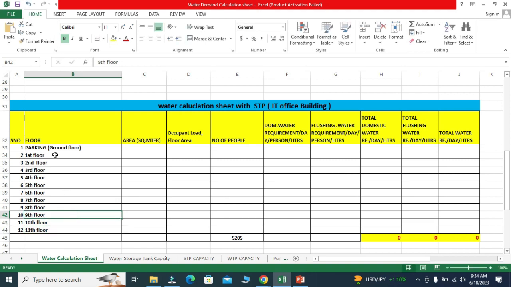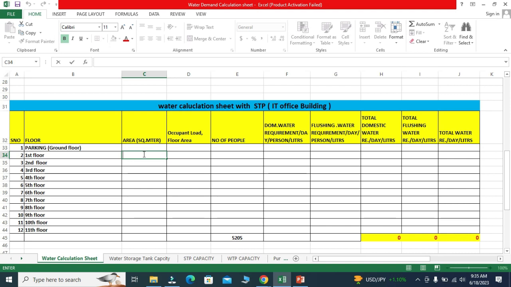So as per the building, you can enter them over here. We don't consider the water consumption for parking. We avoid it because there is limited water consumption in certain cases. That's why. So let's calculate from the first floor. What is the area? You can get the area from the drawing plan, the architectural plan.